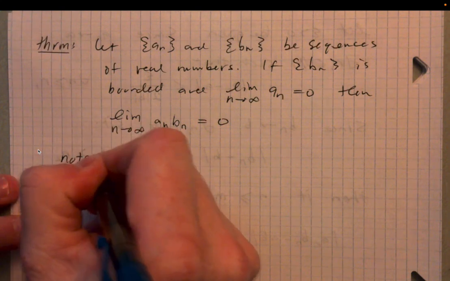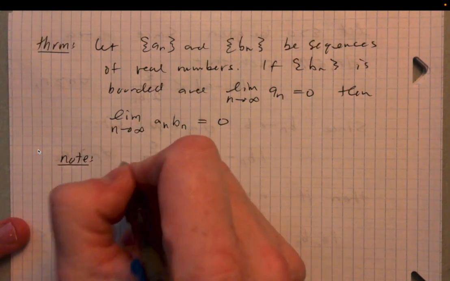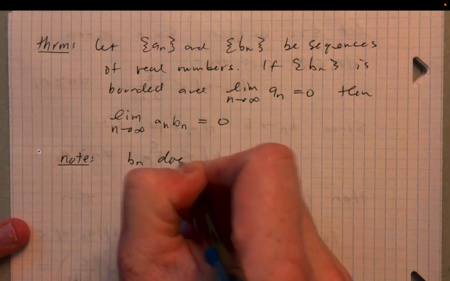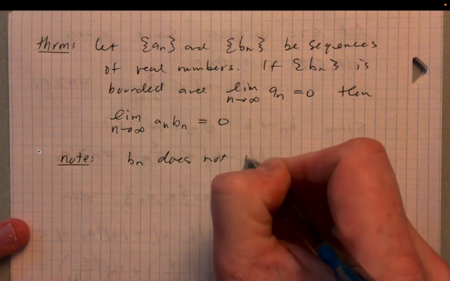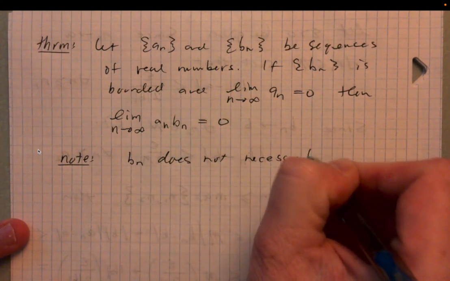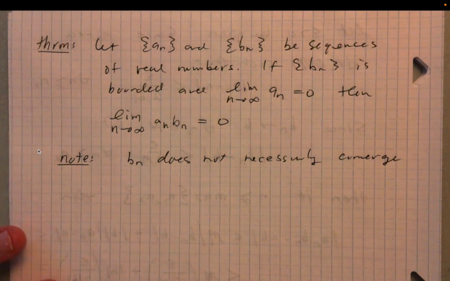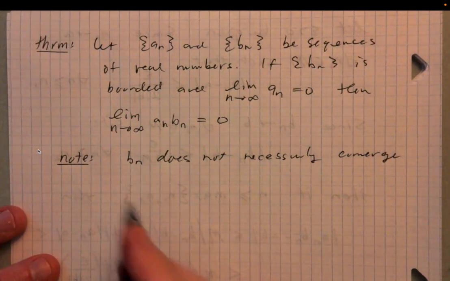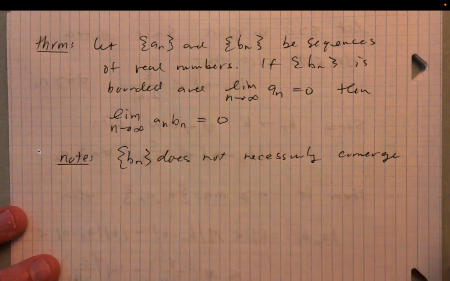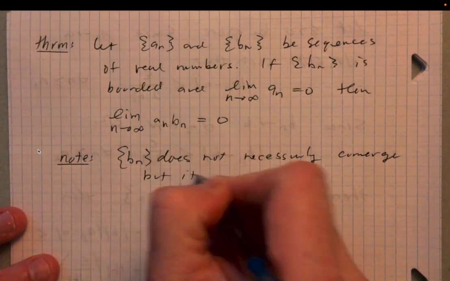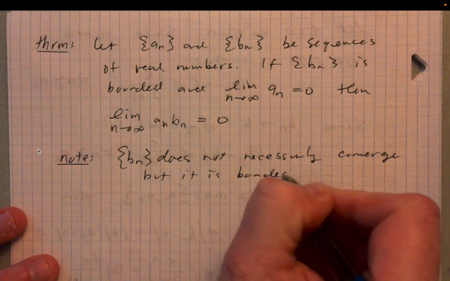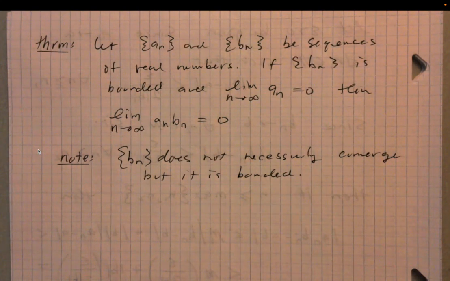So important to note, it's the whole point of the theorem: b sub n does not necessarily converge. It's obviously true if it does converge, but it doesn't have to. It is bounded, though. This is not necessarily true if b sub n isn't bounded; in that case, it would fail.